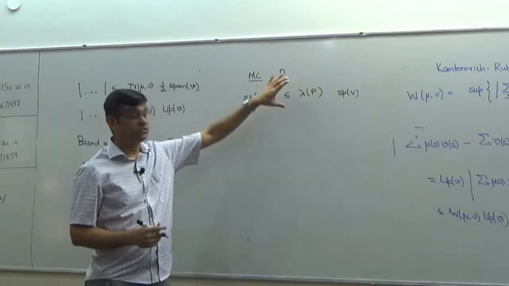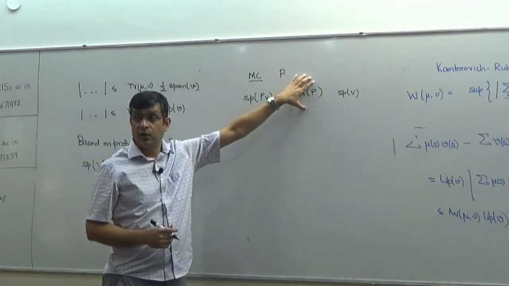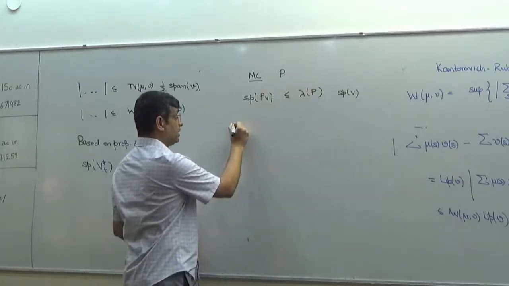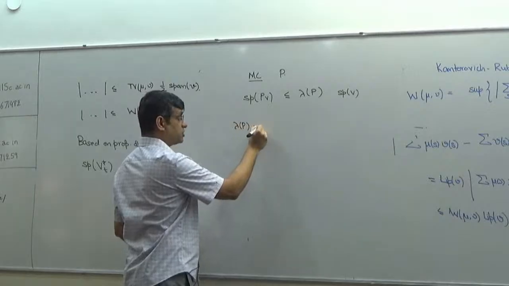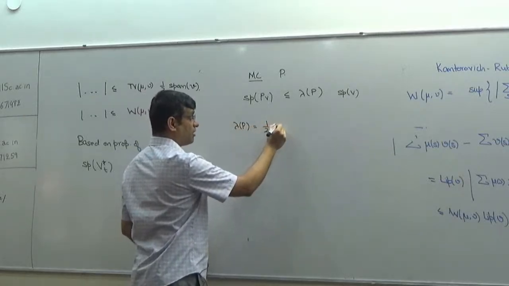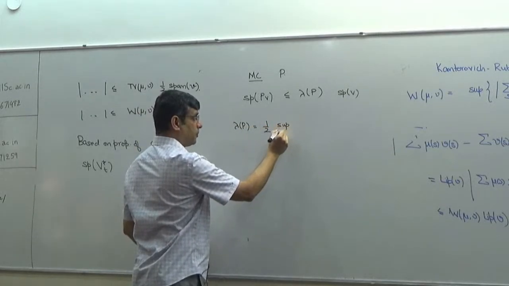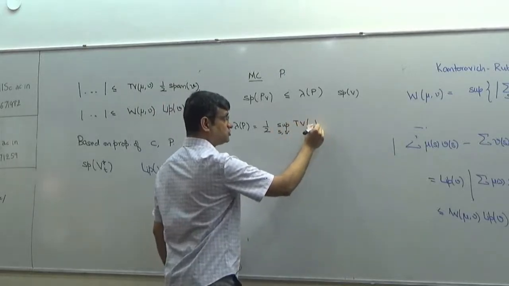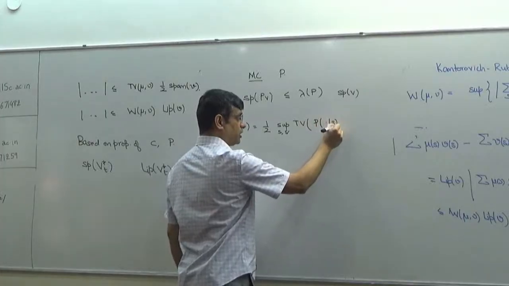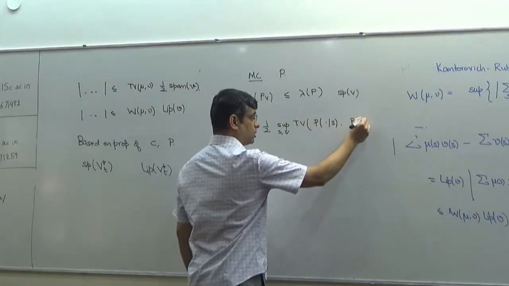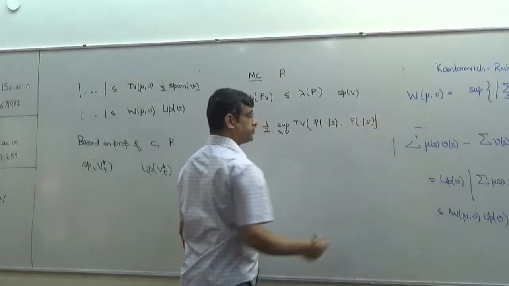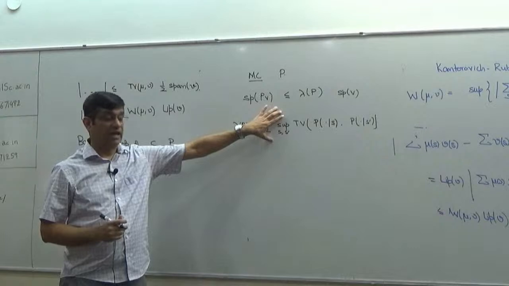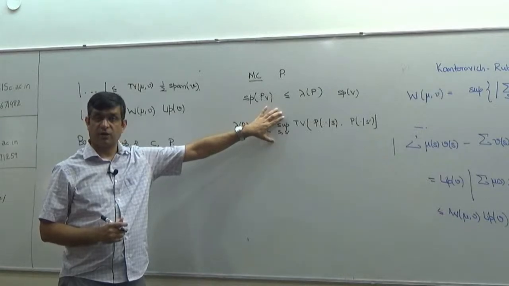It's less than equal to a quantity which is known as the ergodicity coefficient of the Markov chain, where the ergodicity coefficient of the Markov chain is defined as half of the sup over S and S prime of the total variation distance conditioned on S and on S prime. Okay. This is known as the ergodicity coefficient of the Markov chain.